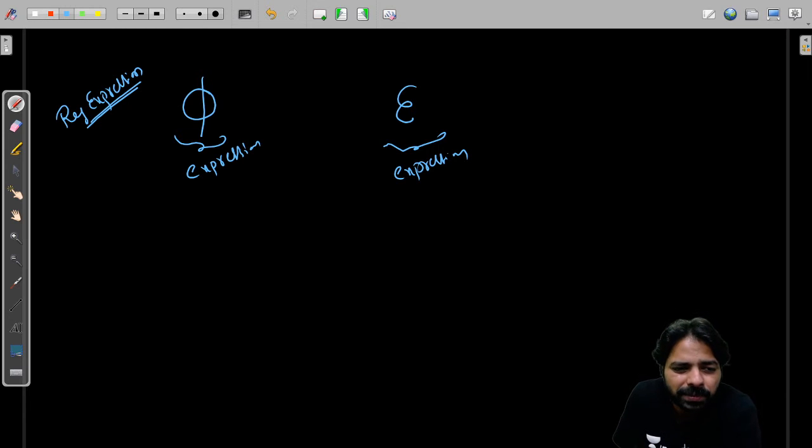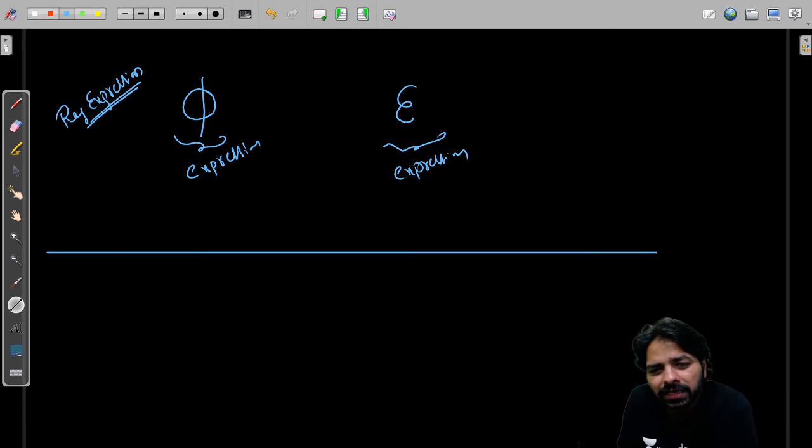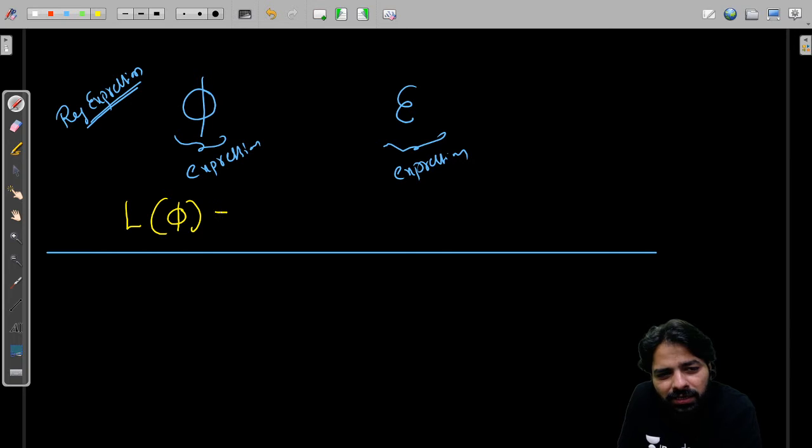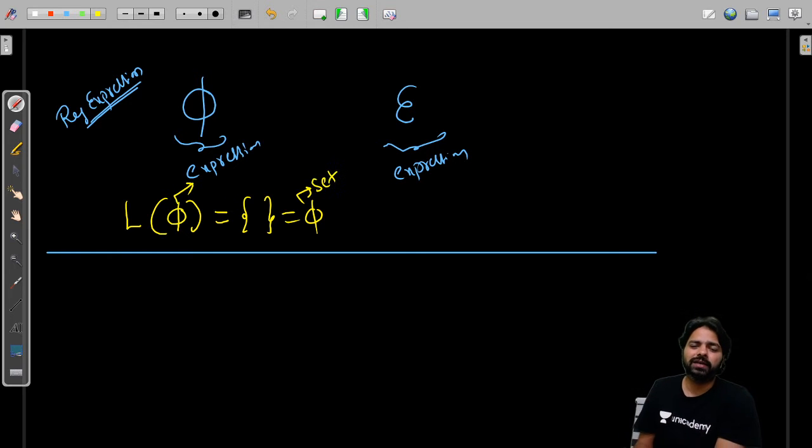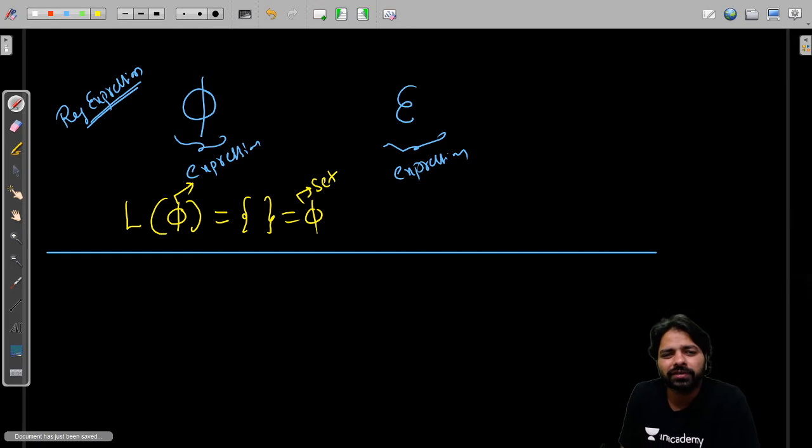And if it is an expression, then how do you understand that? आपको समझना ही पड़ेगा. Language generated by this empty expression is nothing. This is also pi, but this is a set, this is an expression. Both are different.